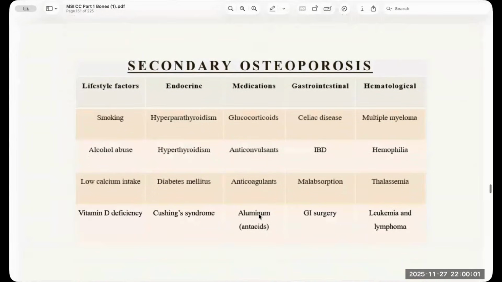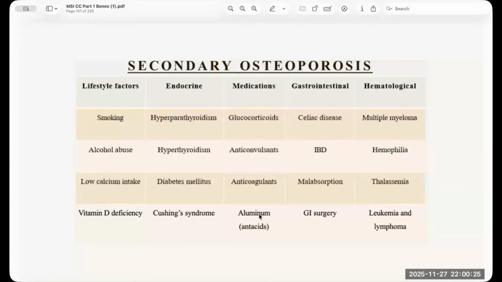Now, secondary osteoporosis, I believe we did not touch upon in the pathology lecture. Basically, secondary osteoporosis: lifestyle factors, medications, gastrointestinal and hematological factors. I thought of mentioning them just in case they were to come in an exam.